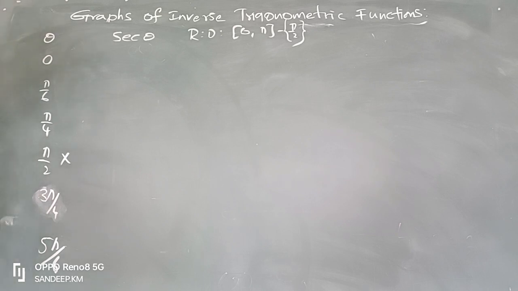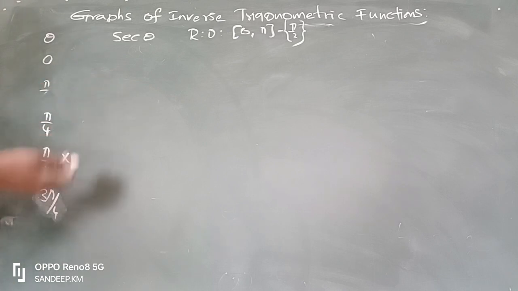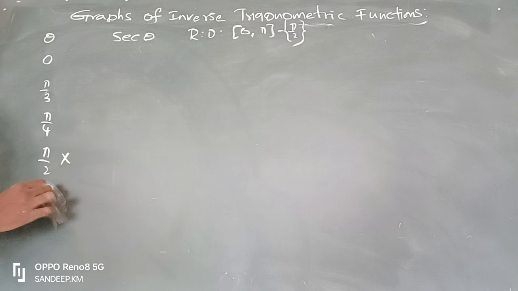Instead of taking pi by 6 and 5 pi by 6, let me take pi by 3 and 2 pi by 3, because I will get rational outputs. Pi by 3, 2 pi by 3, 3 pi by 4, and finally pi, where pi by 2 should not be taken.